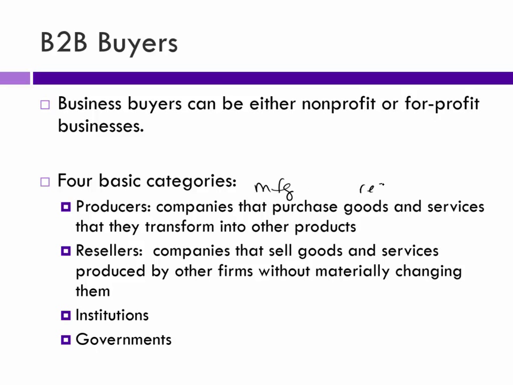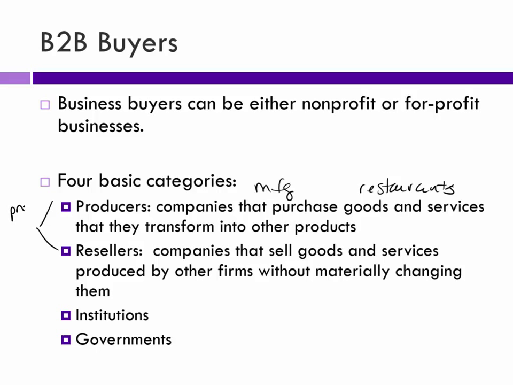It could even be like restaurants buying food and turning it into a meal. And that contrasts to resellers, who buy something that somebody else made, but then sell it without really changing it. Sometimes there's some packaging changes, but for the most part, it's not significantly different.